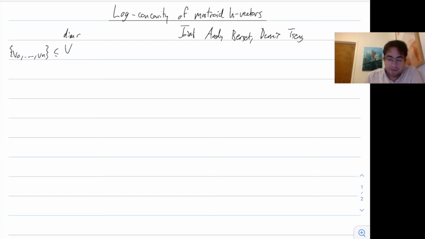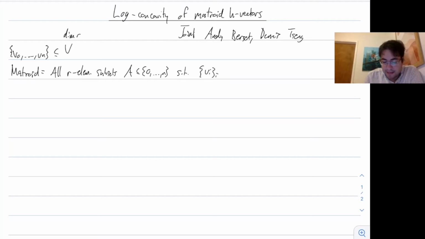So if I have a collection of vectors in a vector space, then we're going to define the matroid to be all r-element subsets of the indexing set such that the vectors indexed by A form a basis of V.